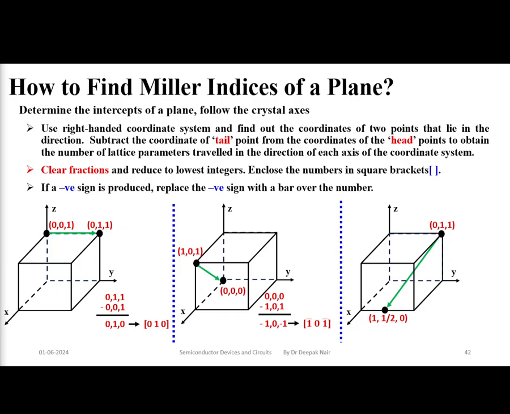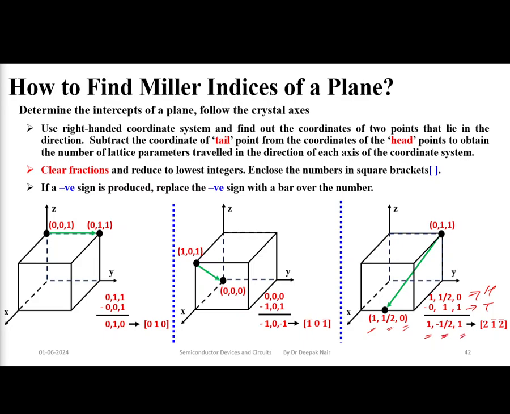Now coming to the third. So here we have the head and here we have the tail. So subtract the tail from the head. So 1, 1 by 2, 0 minus 0, 1, 1. You will get 1, minus 1 by 2, 1.